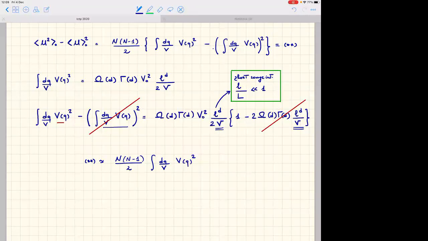Professor? Yes? Is this approach of interacting classical gases exactly the opposite of the one we take in mean field theory? Yeah, absolutely. It's the opposite.